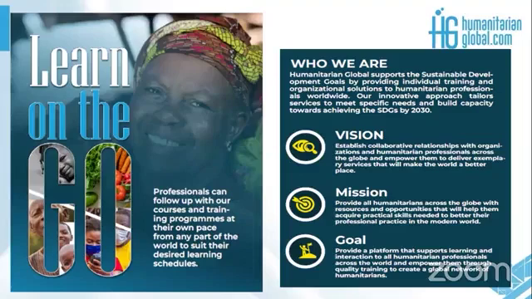By this, we mean that we've successfully established collaborative relationships with humanitarian professionals and organizations in order to empower them to deliver exemplary services that will make the world a better place.